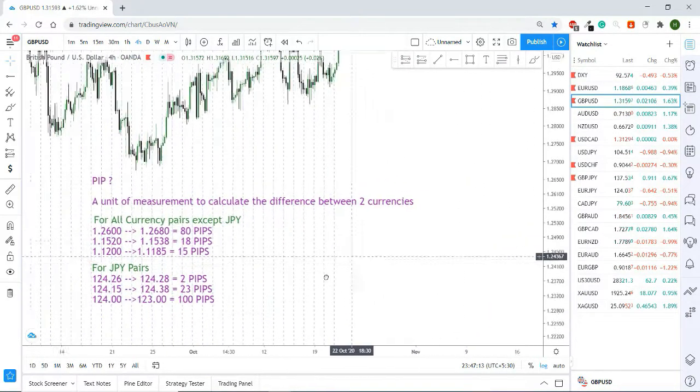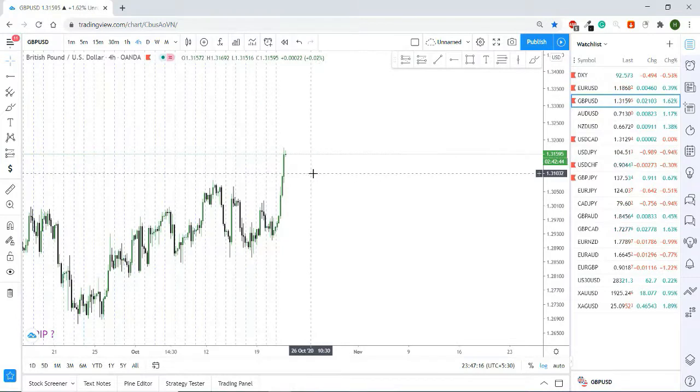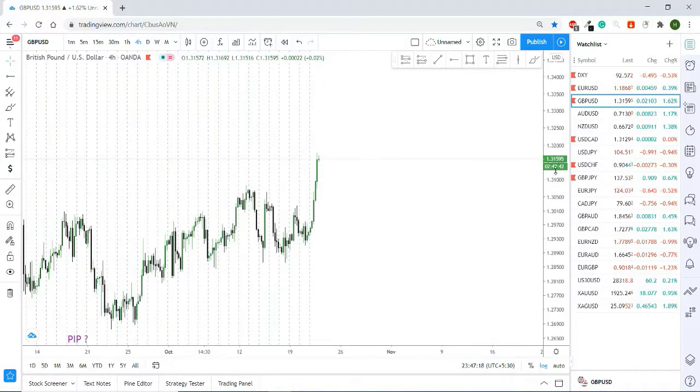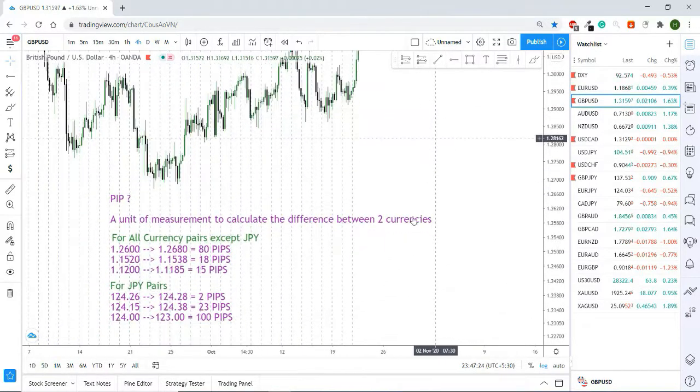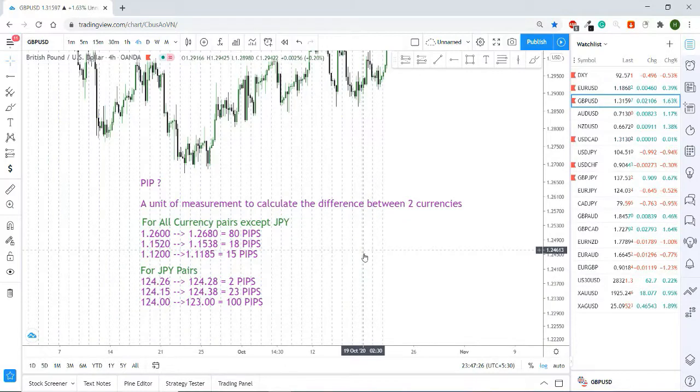We can see the market is now at 1.31595. But let's assume, for our convenience to teach you better, that the market is now at 1.2600.